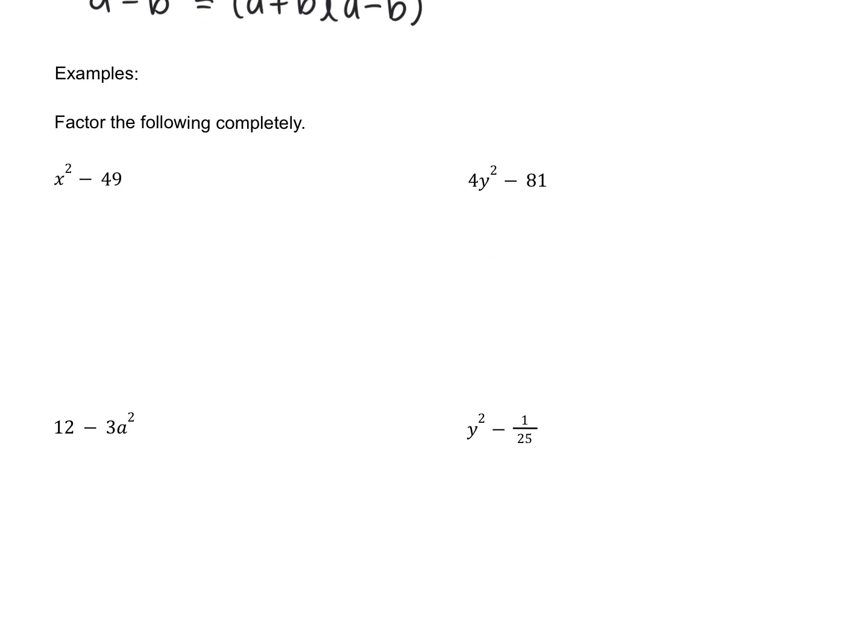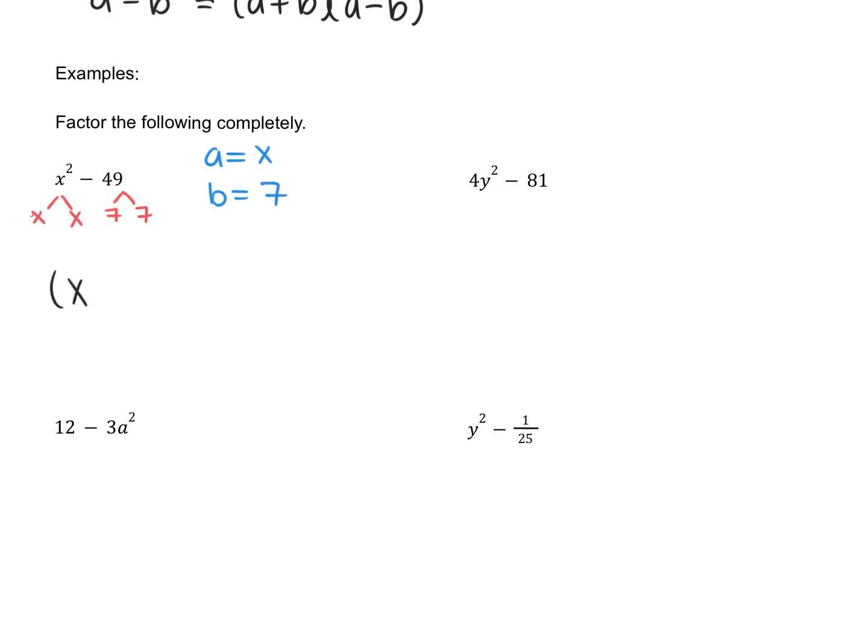So let's look at some examples. I have x squared minus 49. So two terms, and if I look, x squared is x times x, 49 is 7 times 7. So my a is going to be x, because that's my first term, and my b is going to be 7, because that's my second term.